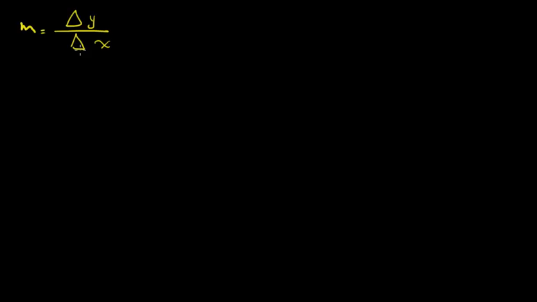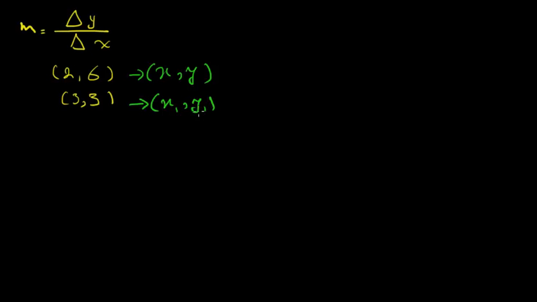Let's say we are asked to write the equation of the line that passes through 2 points, which are 2 and 6 and 3 and 3, the first being x and y, and the second one x1 and y1. Since we have 2 y values here, we find the change in y coordinate over the change in x coordinate.